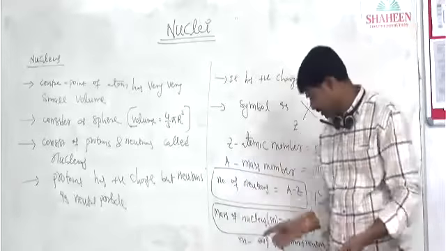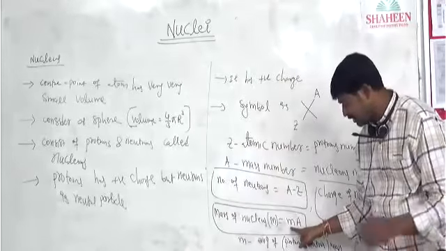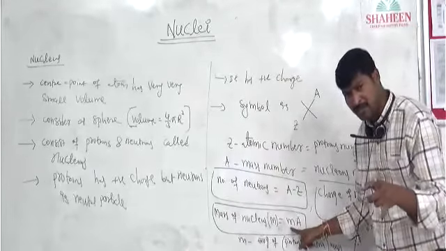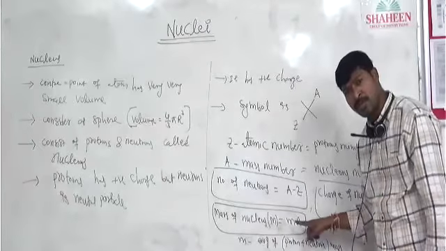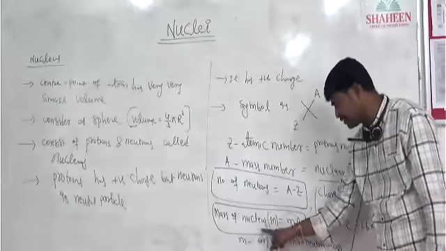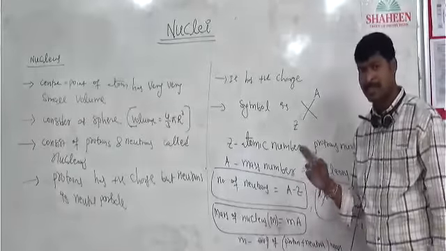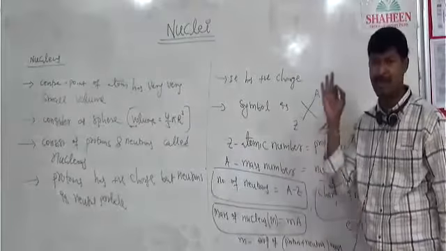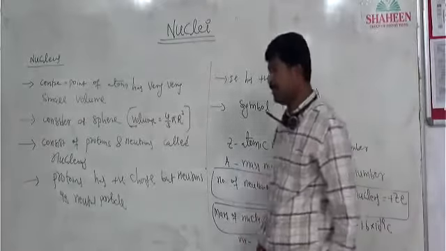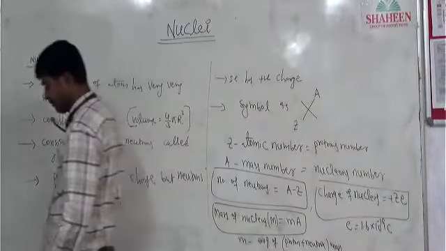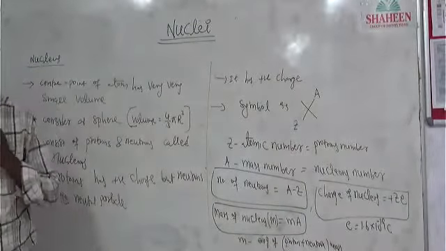Similarly, each nucleon's mass, or the average mass of a neutron or proton, is m, and the total number of nucleons is A. So the total nucleus mass is m into A. Don't consider A itself as a mass. It's a mass number, unlike the atomic number or proton number. Clear?